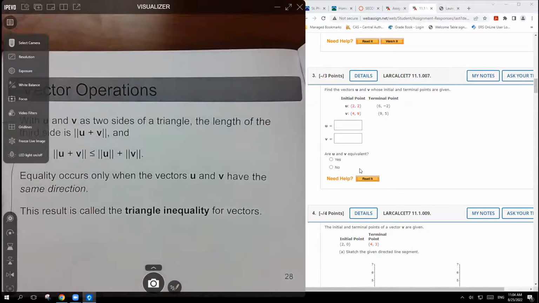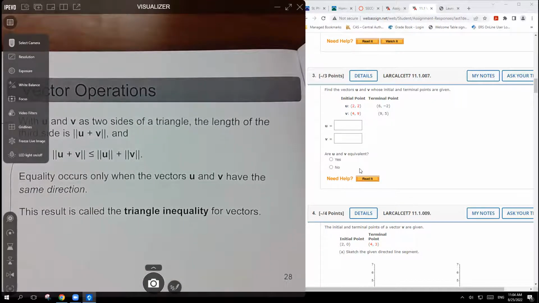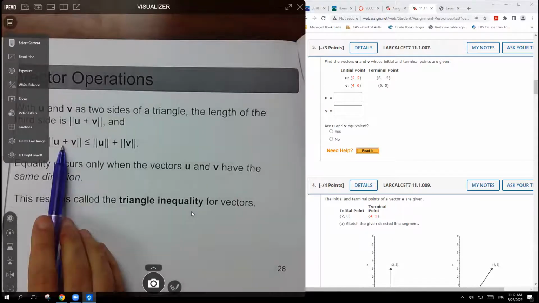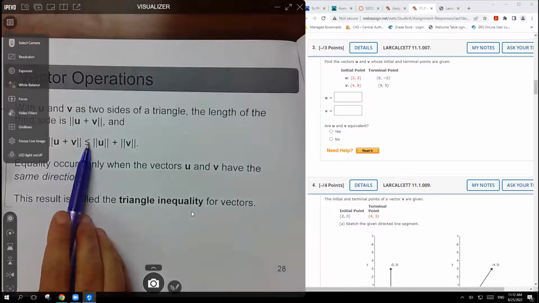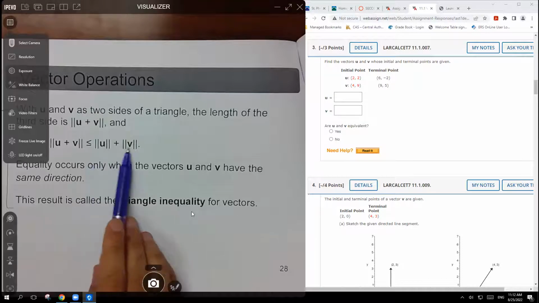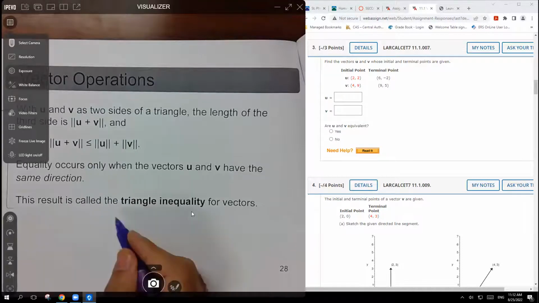That's what it says here. Always, the length of the sum is less than or equal to the length of the first vector plus the length of the second vector. This is the triangle inequality.